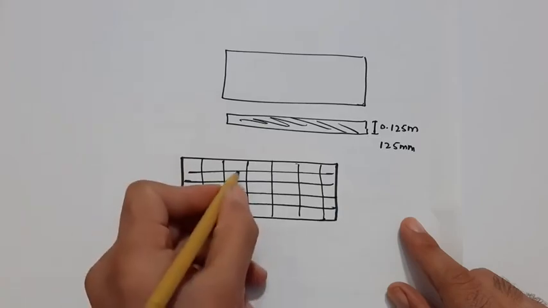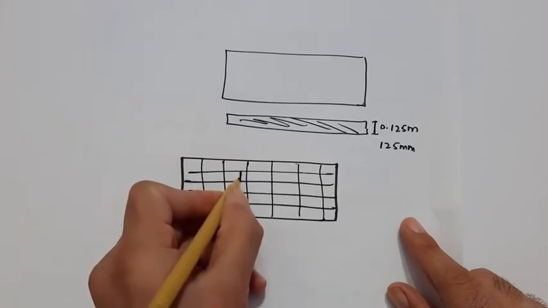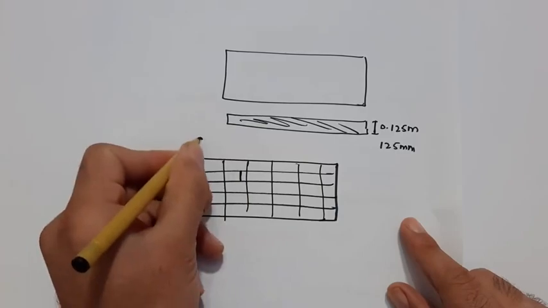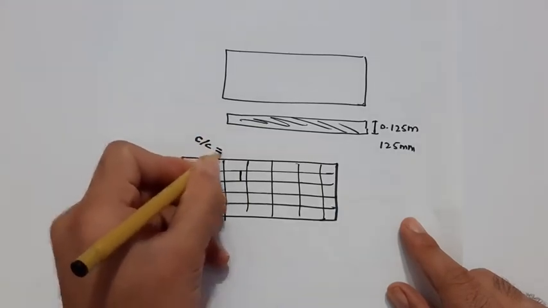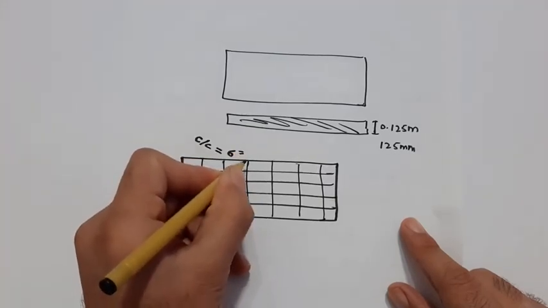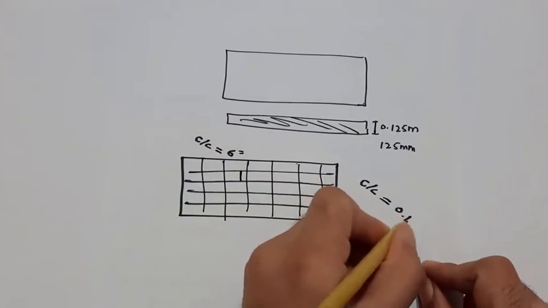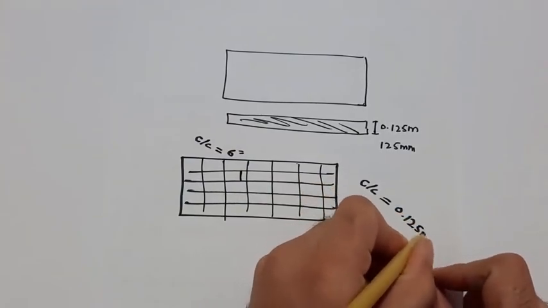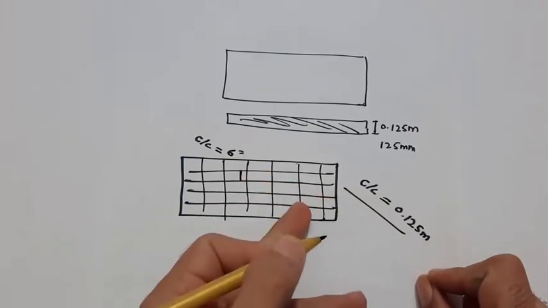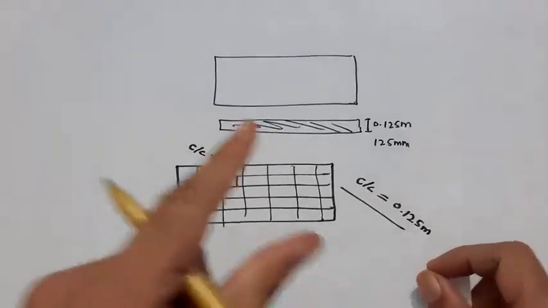The space between two steel rods we can say C/C, for example, 6 inches, or C/C is equal to 0.125 meter, etc. It means spacing between two steel rods.